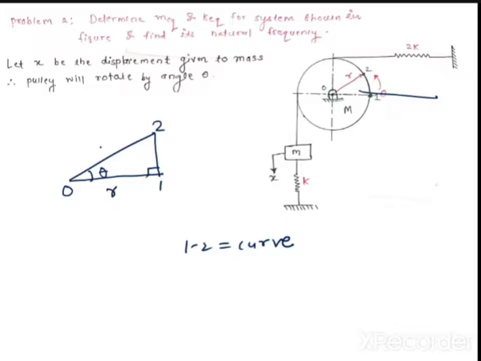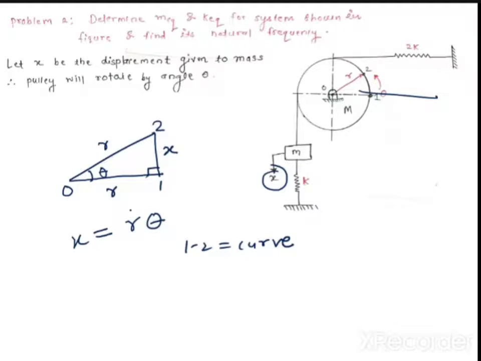R. What is the distance O to 2? R. What will be this distance 1 to 2? Since you are applying x at this point, this 1 to 2 distance will also be x. So what will be the x? Same. x is R into sin theta, which is R into theta.